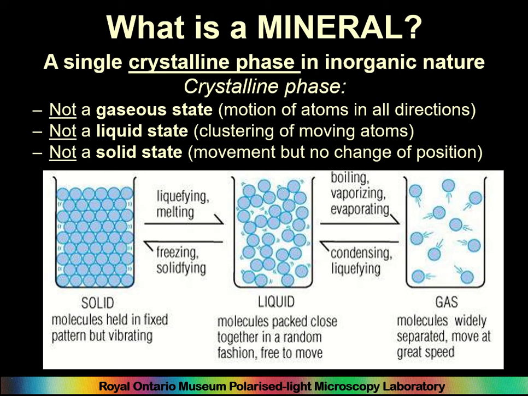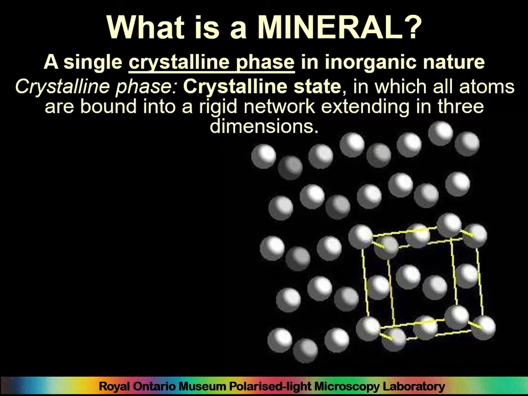And also there are crystals. So a crystalline state is one in which all atoms are bound into a rigid network extending in 3 dimensions. So the 3 dimensions is very important for the next bit, because as you can imagine, these elements in this rigid network go off in the 3 directions.